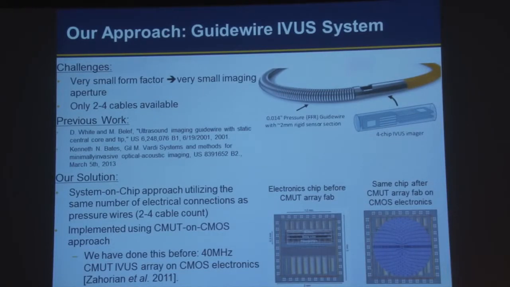They choose a particular guide wire because it feels better. It slides better. Those are things you don't want to touch when you add your device. So if you can do a CMOS on CMOS single chip integration, which we had done before, you may be able to do that because we can do lots of integration and multiplexing of the signal out.